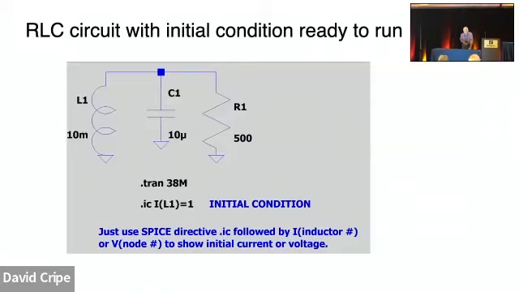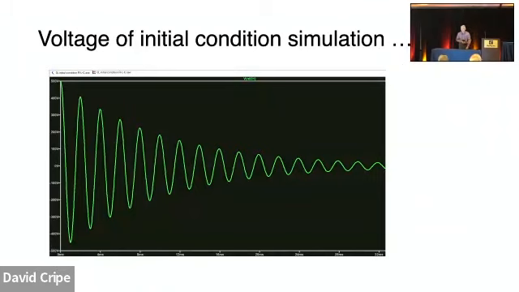I also have a transient of 38 milliseconds. Initial condition, L1 equals 1, so it's going to have 1 amp going through that inductor. And when I run it, I get this nice decaying sine wave. It's ringing like a bell. I don't show it here, but I use my cursors, and yep, between the crests, I see the frequency is what you calculate from that value of L and C.